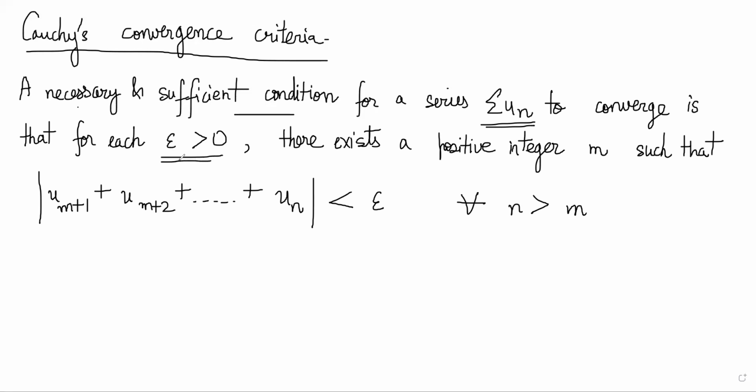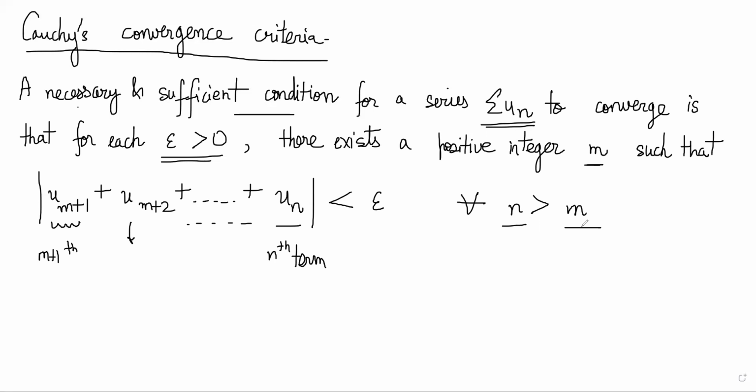each given epsilon, there exists a positive integer m such that the terms above m, so u_(m+1), the (m+1)th term, (m+2)th term, till u_n, the modulus of that is less than epsilon, till the nth term, for all n greater than m.